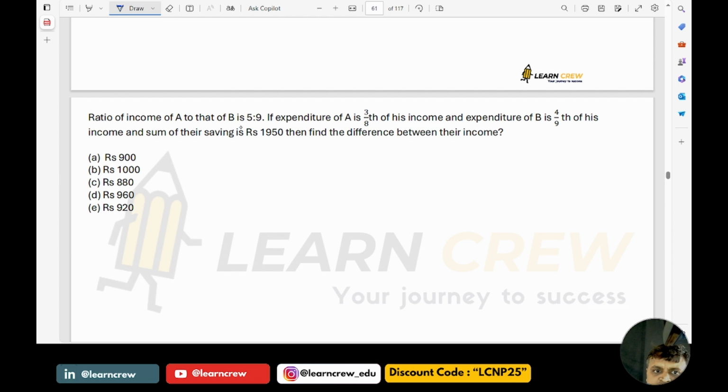So the ratio of the incomes of A and B I am taking as 5:9. Expenditure of A is 3/8 of his income. Expenditure of B is 4/9 of his income.